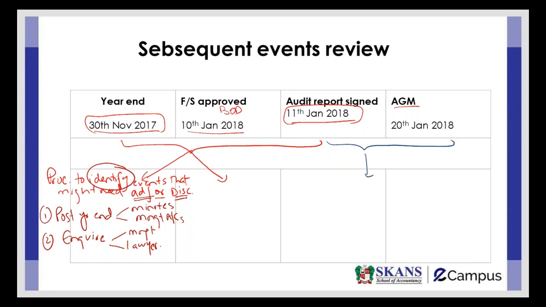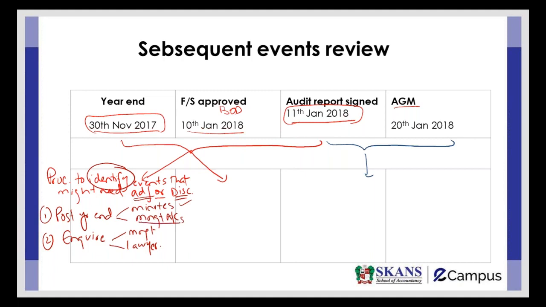How can I do that? I keep reading minutes of all the meetings, be it board meetings or shareholder meetings, all of them. So for the month of December, for the month of January, until the 11th of January, I'm going to keep reading all the minutes of the meetings to see if there's anything that has happened that I'm not aware of.